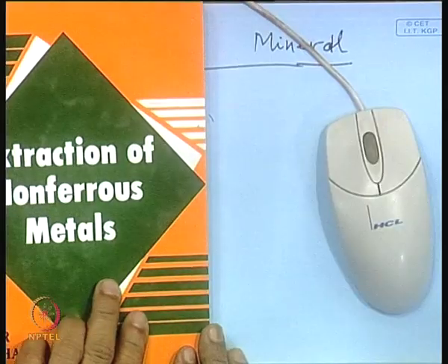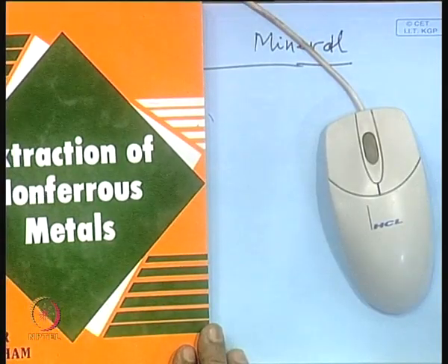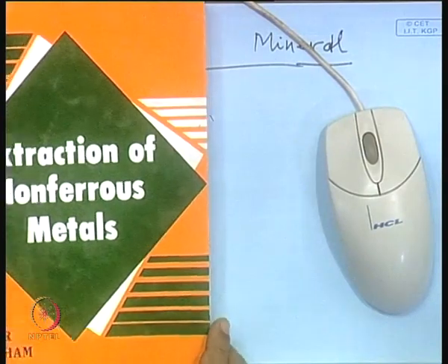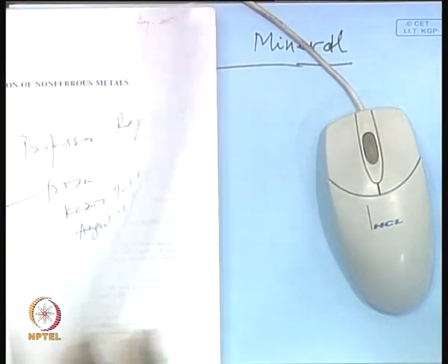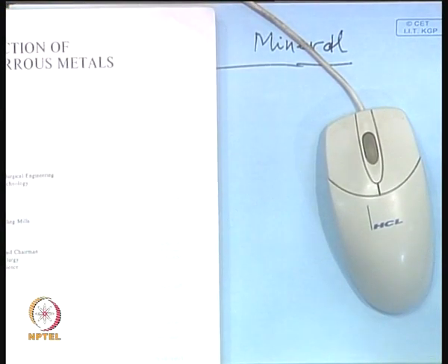I will now go into the subject by starting with sources of metals. For more details of this, you can refer to my book, to which I made a mention earlier, Extraction of Non-ferrous Metals, Ray, Sridhar and Abraham, published by Affiliated East West Press Limited.